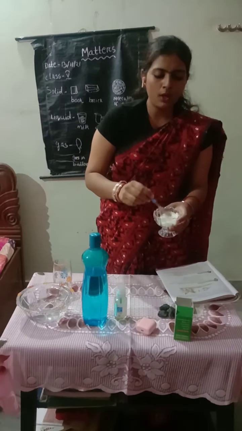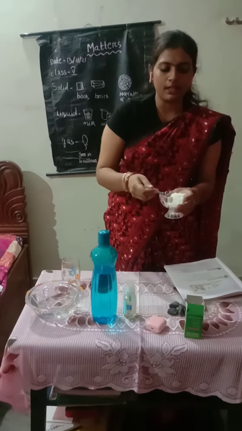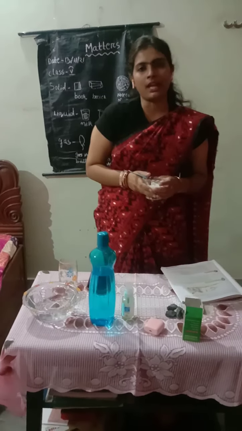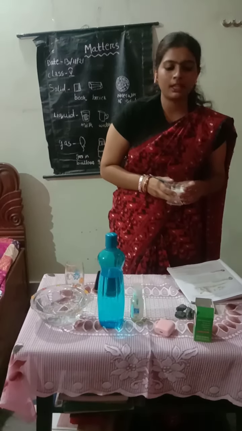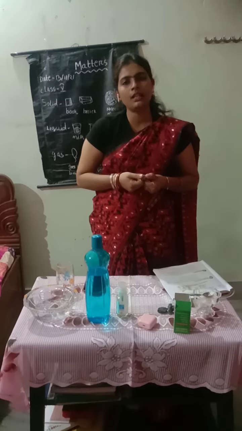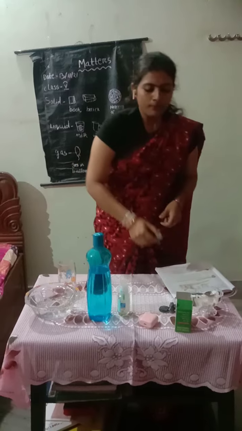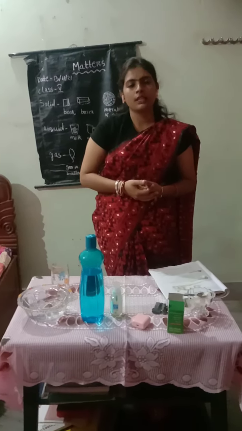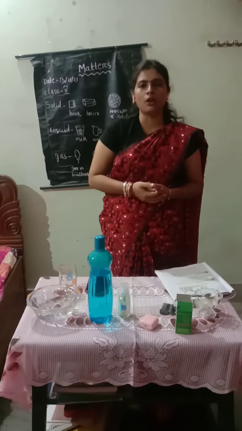You also can try. You can see this bowl is filled with sugar and it is occupying some of the space, so it is matter. But you can see it is not very easy to separate the solid. Why? Because of the arrangement of molecules in them. The simplest part of matter is called a molecule.